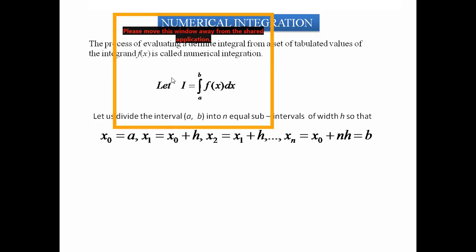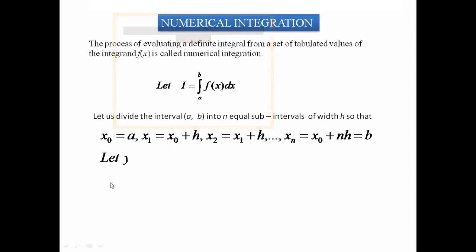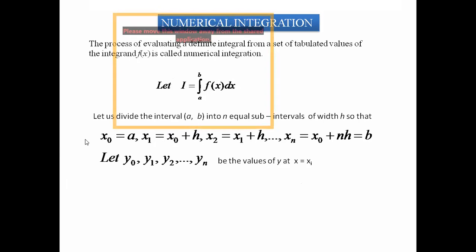After dividing, this f of x is given. Find the value of y, that means f of x at these xi values. Let y naught, y1, y2, etc., yn be the values of y at x equal to xi. That means at x naught, see what the value of y is, let it be y naught. At x1, let the value of y be y1.